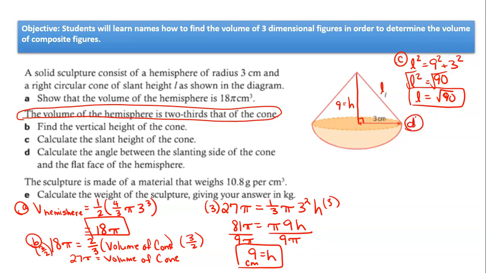D, it says calculate the angle between the slanting side of the cone and the flat face of the hemisphere. So they're wanting this angle here. So we know this side is 3, we know this side is 9. Let's use tangent to find that angle. So because it's a right triangle here, tangent inverse of that angle, so I'll just give it a variable, x, is equal to opposite over adjacent, so 9/3.